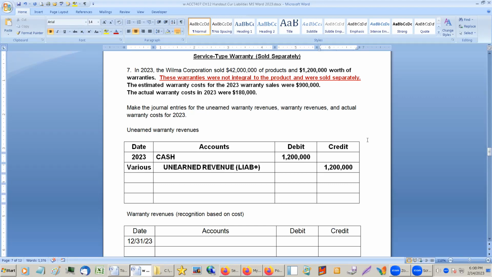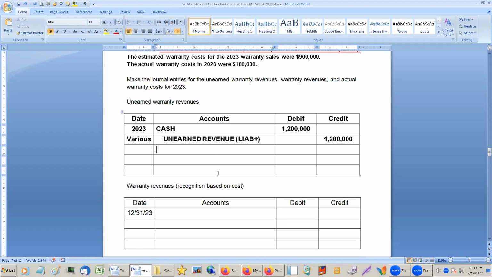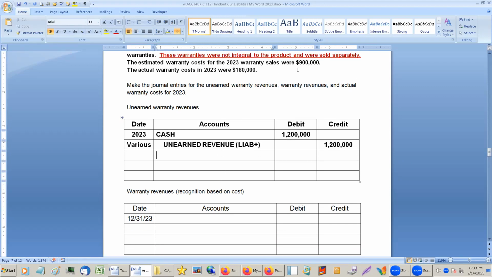Now, as we earn the revenue, we will recognize it. And we earn revenue basically like you did in other classes, where they may tell you what percentage of it was earned.